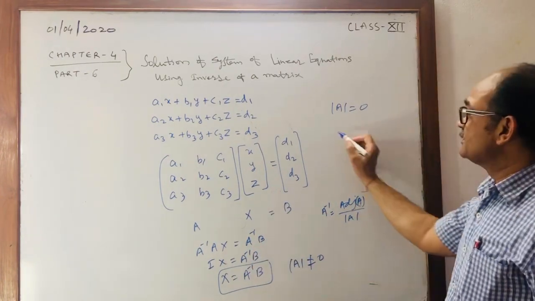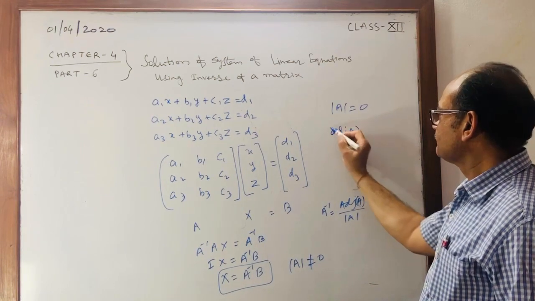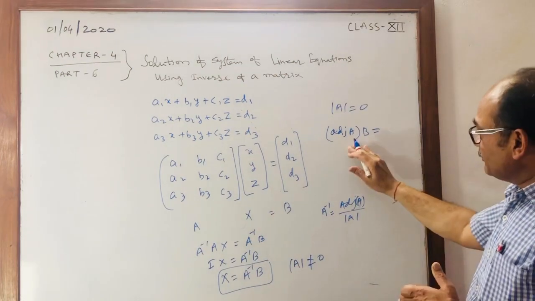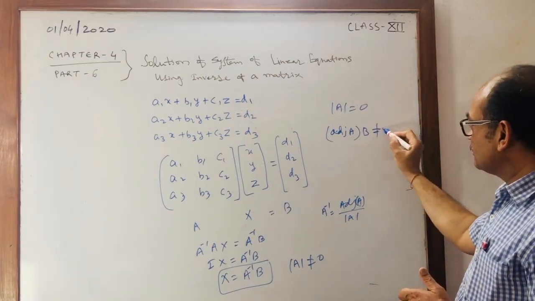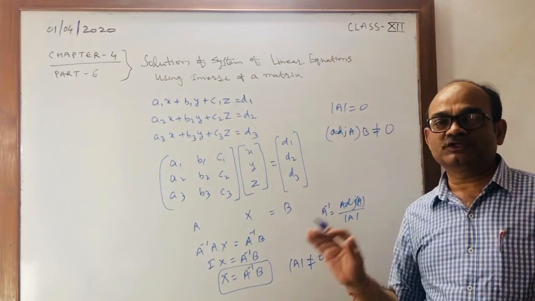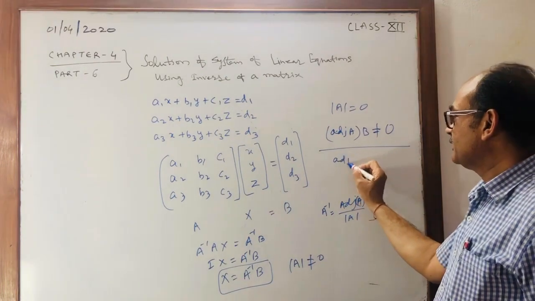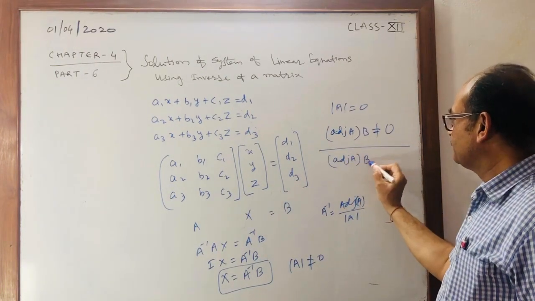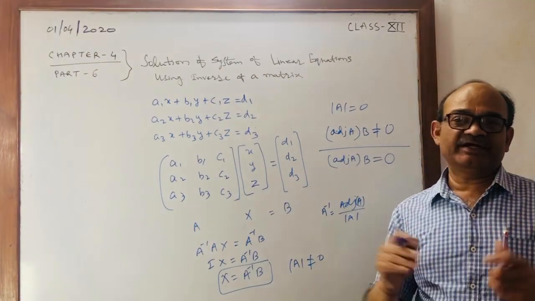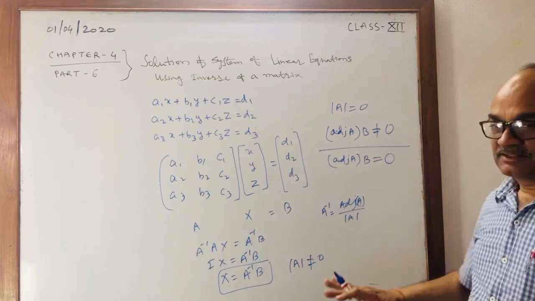In that case, we have to calculate adjoint of A into B. If the final answer is not a null matrix, then there will be no solution. And the third case, if adjoint of A into B equals a null matrix, then there will be infinitely many solutions. So these are the 3 cases of consistency.